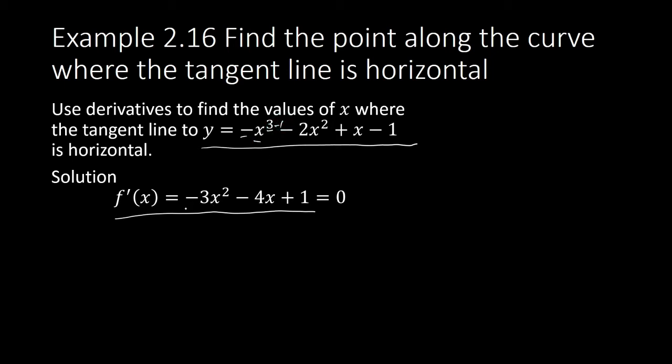And so that's it. Negative 3x squared. Minus, again, 2, you bring it down. So it becomes 2 times 2, and then you subtract 1 from the exponent. Negative 4x. And then the derivative of this with respect to x is just 1. The derivative of a constant function is 0.